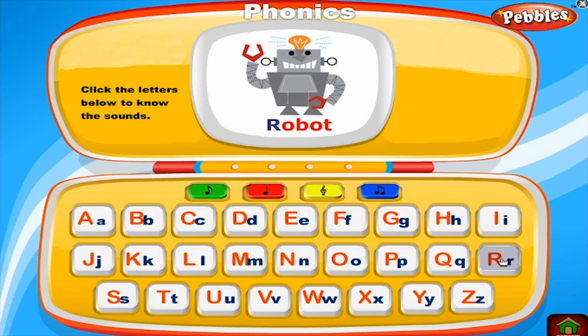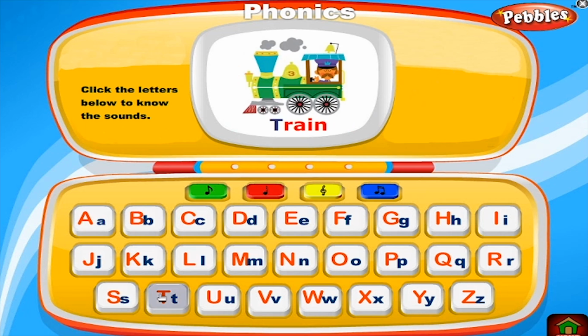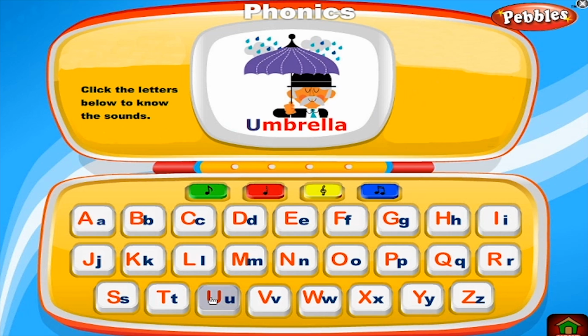R, robo. S, sunshine. T, train. U, umbrella.